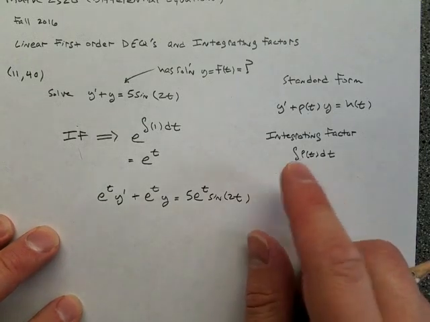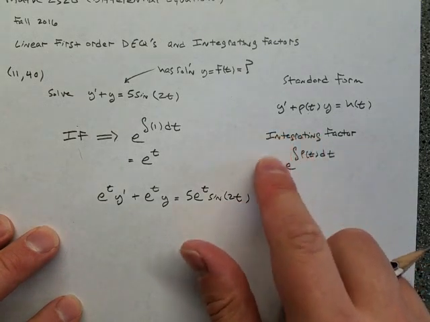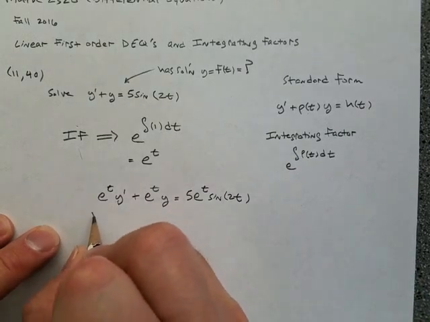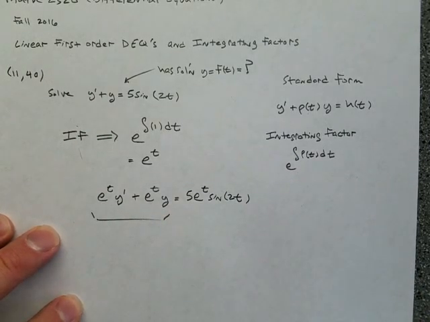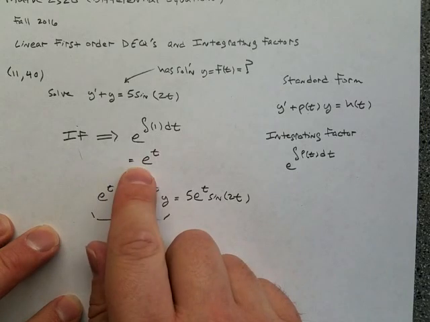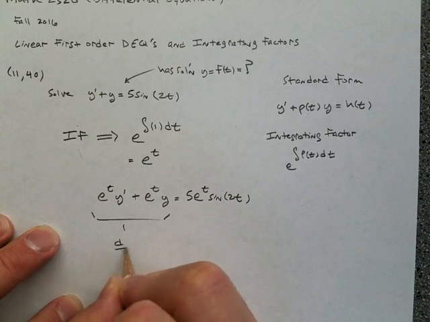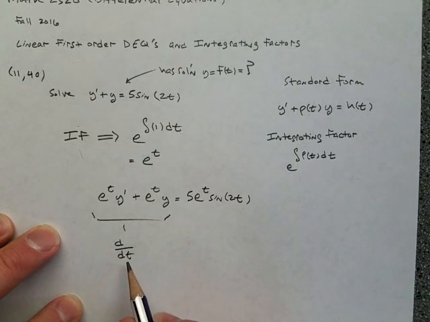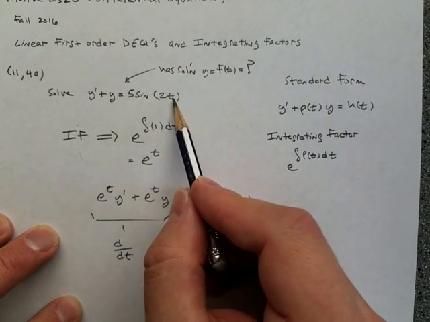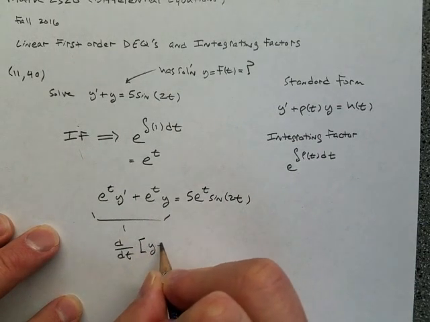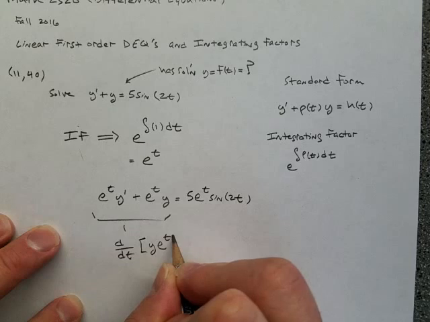So why does introducing the integrating factor in this way work for us? You should always notice that when you find the integrating factor and multiply, this should always be the derivative with respect to t, if t is the independent variable, of y times the integrating factor.